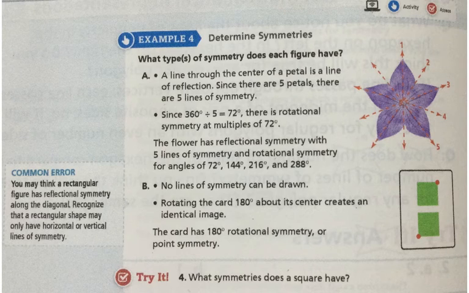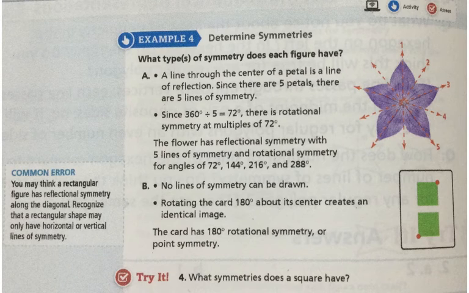So this piece is going to line up with this one. And then this one will fold on top of this one, and then this one's divided in half. Okay, so those are kind of hard to see. So there are 5 petals, that means there are 5 lines of symmetry. You see that? A line through the center of a petal is a line of reflection. Because there are 5 petals, there are 5 lines of symmetry.